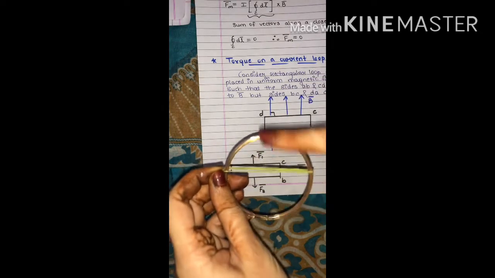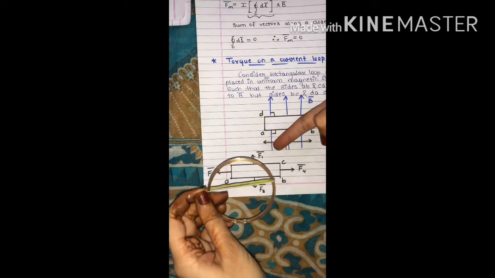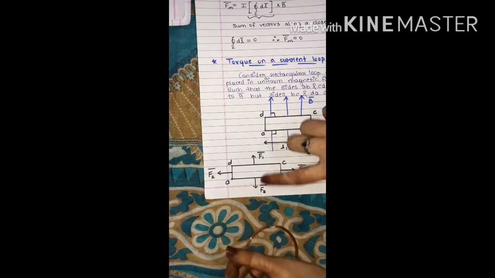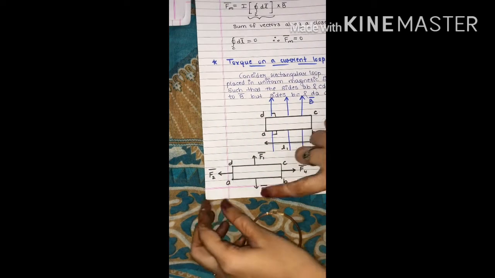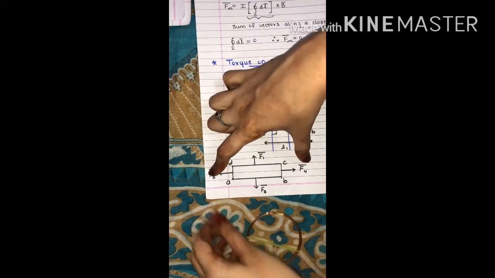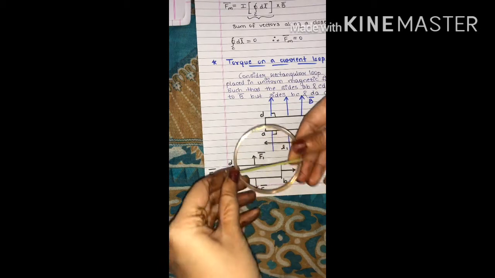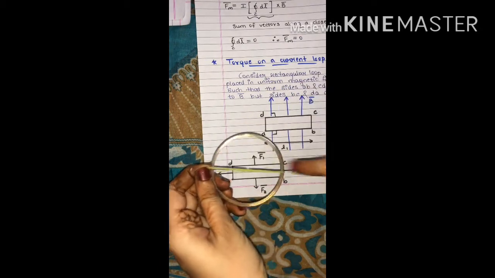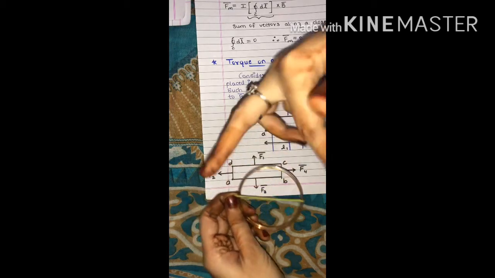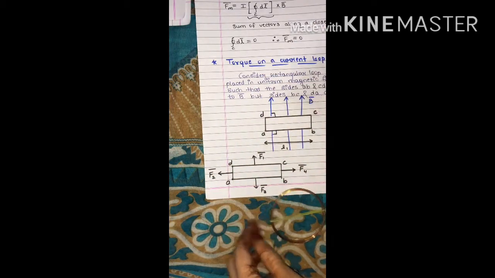So due to these two forces there is torque. Due to these forces the coil is rotating, which means there is torque in the coil. These are the main forces. The rest, forces F2 and F4, are along the axis, so they are not into play, and they cancel out each other as they are equal.